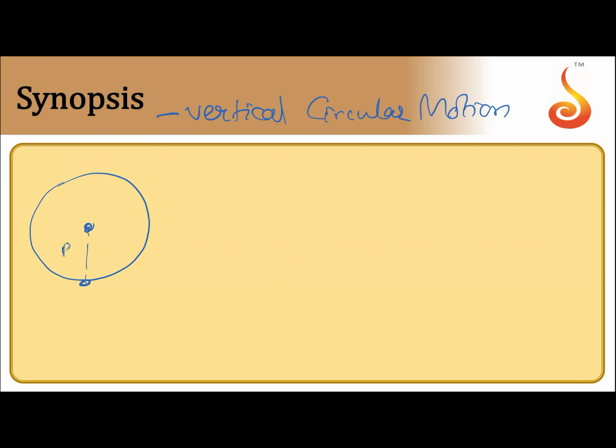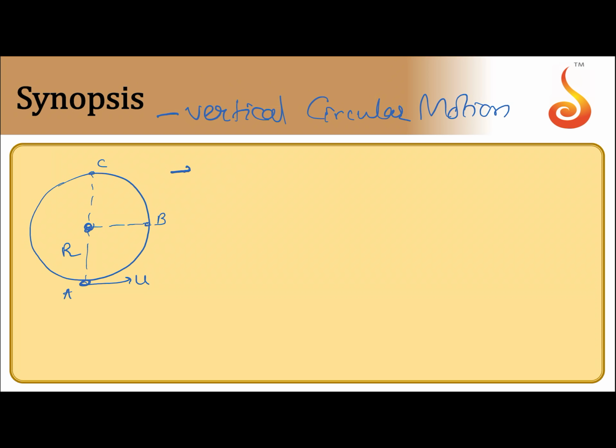This is r, and let's assume that u is the velocity given at the bottommost point of the vertical circular motion. And this is A, this is B, this is C, etc. These are some points. Now, a couple of important results are here.